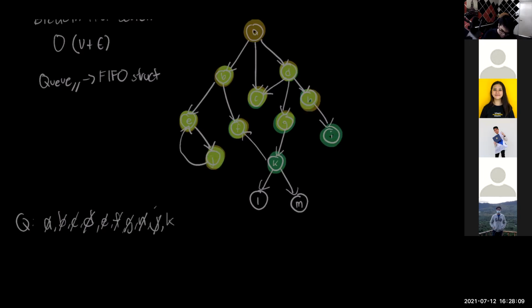K, look at K here. K has two children. So I think I missed putting an I here. Sorry, there should be an I. N, I. Oh, come on, I lost track.